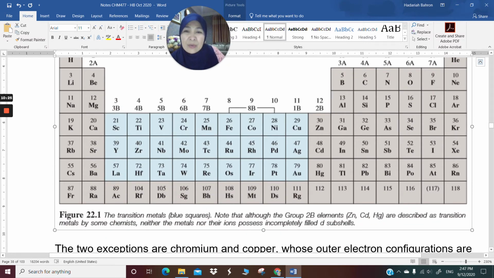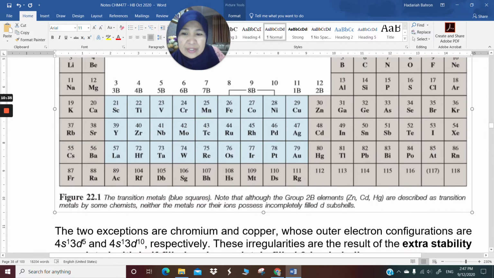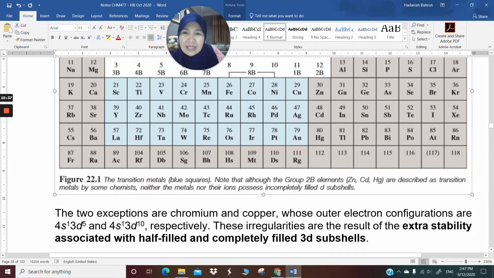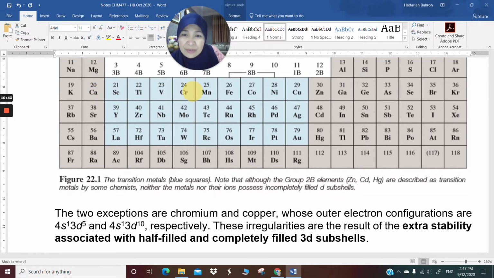So that is how electrons are being filled. And with the filling of the electrons, you're going to move from one element to another in the periodic table. Now, you would say chromium is 4s2, 3d4. And this would be 3d5, 3d6, 3d7, 3d8, 3d9, and 3d10.